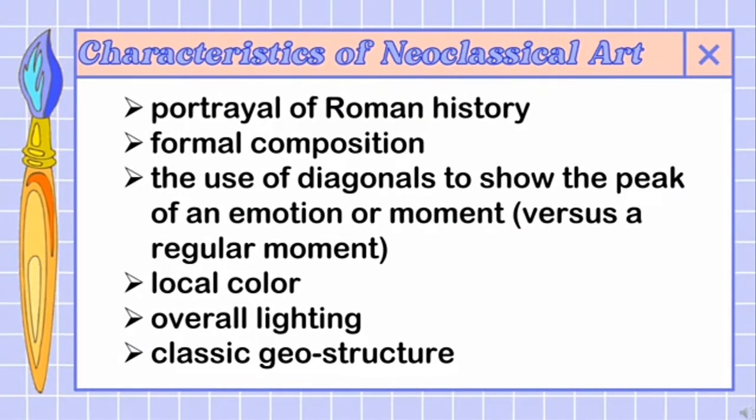First, portrayal of Roman history. Second, formal composition. Third, the use of diagonals to show the peak of an emotion or moment versus a regular moment. Fourth, local color. Fifth, overall lighting. And the last one is the classic geostructure.